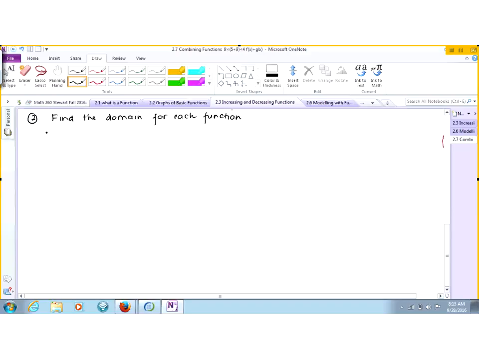Number 1, so A: f of x is equal to square root of x plus square root of 1 minus x.